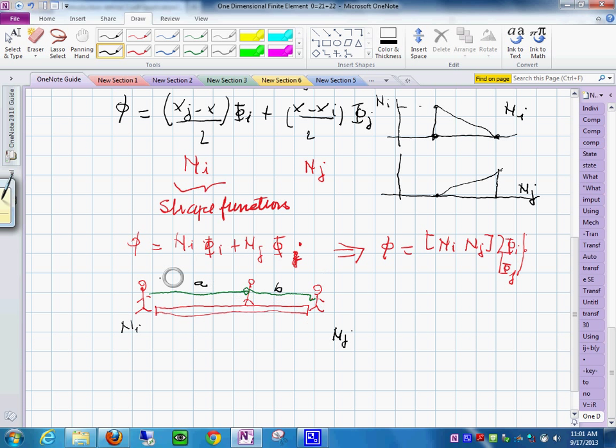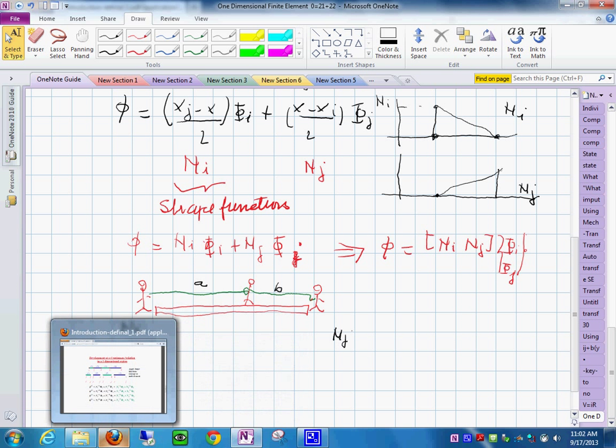So what I'm trying to say is that n sub I and n sub j are very important and tell us which node influences more. Having done this, we concluded that yes, you can do it for one finite element, and now what we need to do is to do it for the rest of the elements.